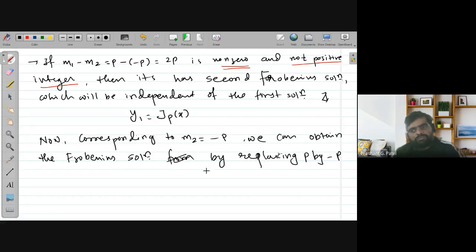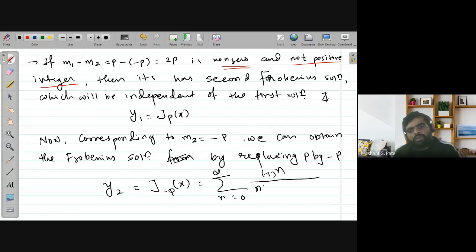So the second solution is J minus p of x, which is summation n running from 0 to infinity, minus 1 raised to n upon n factorial into (minus p plus n) factorial, (x by 2) power 2n minus p.